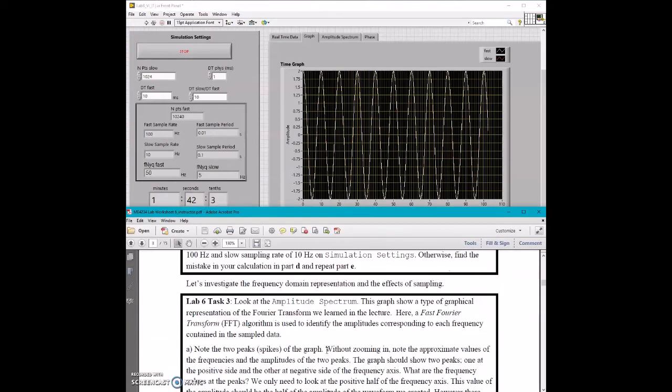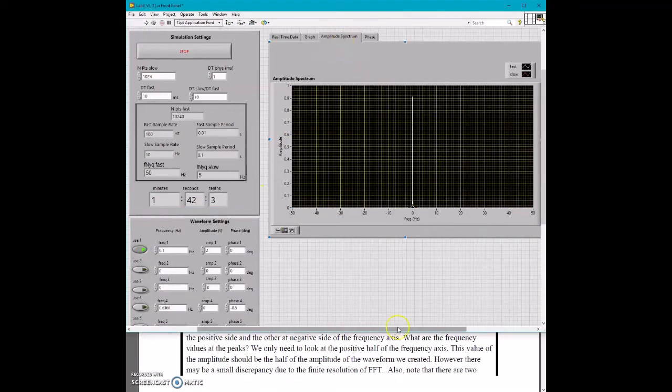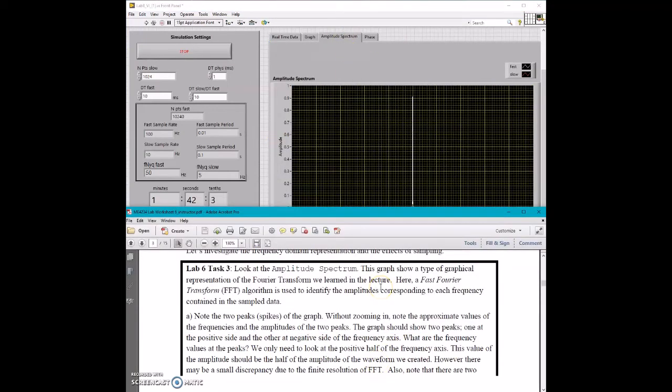So now let's go to task 3. Task 3 says, now look at the amplitude spectrum. What is this amplitude spectrum? Amplitude spectrum is a type of graphical representation of the fast Fourier transform, FFT. We actually didn't learn how to do the FFT. I only told you about the Fourier series.